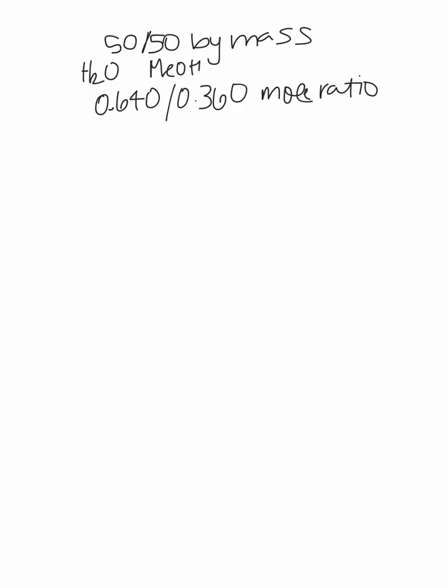Because we know that overall there are more moles of H2O, but we also know that methanol has a vapor pressure of 4.69 kilopascals in this mixture, whereas water has 1.49 kilopascals.